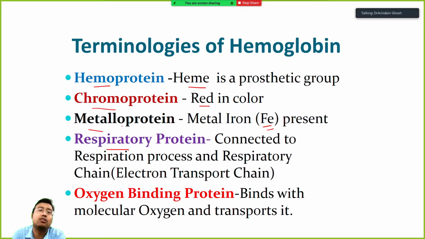Definitely, it's related to the respiratory chain, electron transport chain, as well as respiration. Okay, every day, every moment, it is related to respiration. So, along with cytochromes, hemoglobin is also a respiratory protein, right? And an oxygen binding protein. So, there are multiple terminologies by which hemoglobin has been referred to in various textbooks and various lines. All of them generally refer to hemoglobin unless they specifically mention myoglobin.